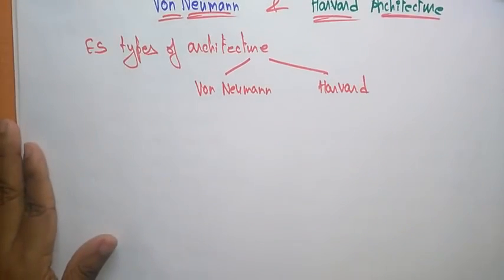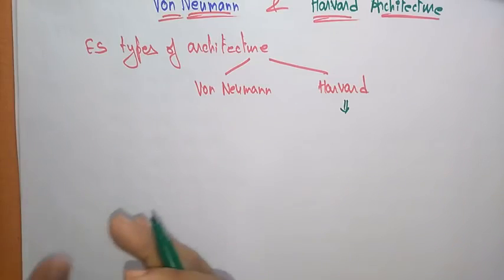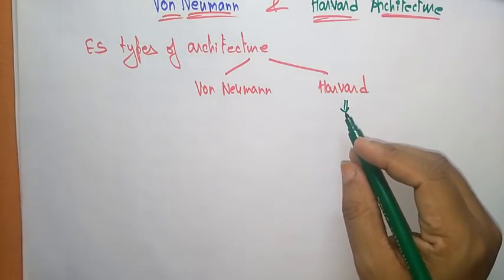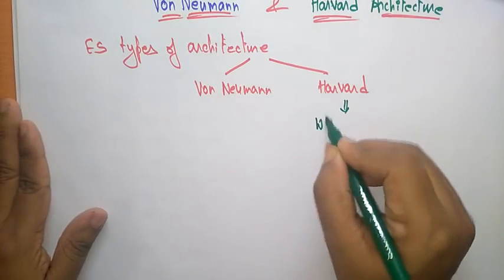The Harvard architecture is mainly when the data and the code that we want to store and access in an embedded system lie in different memory blocks, so that is referred to as Harvard architecture. Let me write the points.